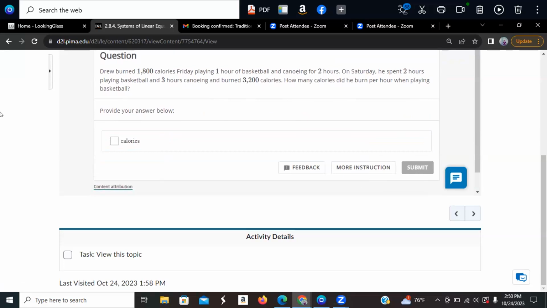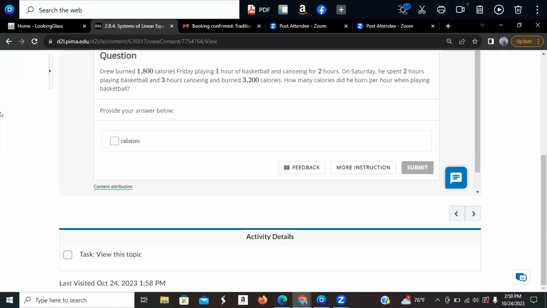Okay, so this one requires you to set up the equation and then solve it. So let me grab a snip. I guess probably too much to ask you to do it on your own, at least to start here.